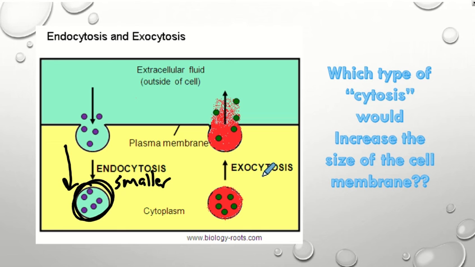When you are leaving the cell, the vesicle is fusing with the cell membrane, going out, exiting. So that means it is getting bigger. So it's kind of a give and take relationship because we have things coming in and out. So overall, it kind of evens out in the end. But exocytosis does increase the size of the cell membrane.